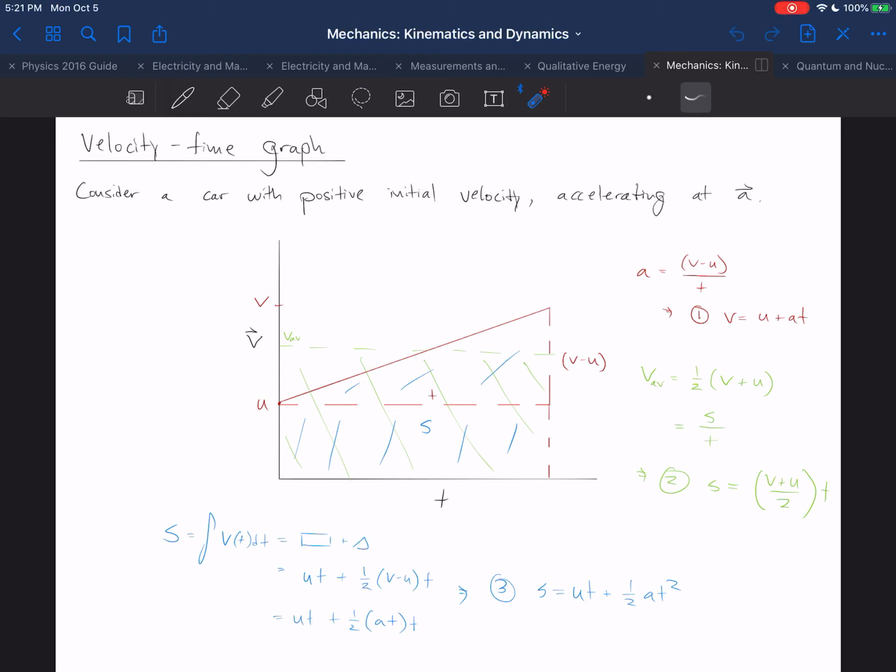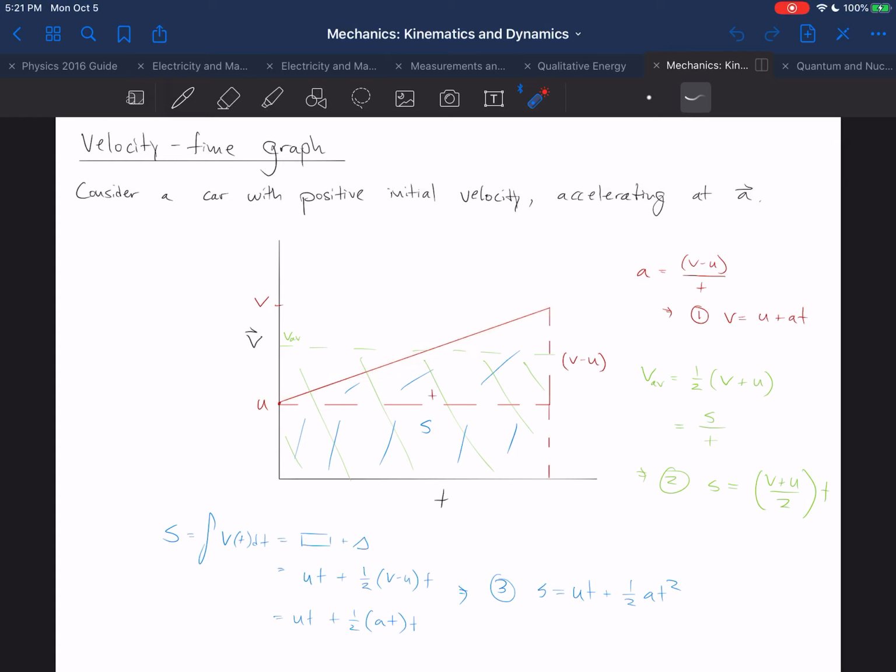And the thing to recognize is that in IB notation, we know that the displacement is the area under our velocity time graph. So our displacement is the integral of v of t dt. That's just our calculus notation for the same idea. And it is therefore the area of this rectangle plus the area of the triangle under the curve.